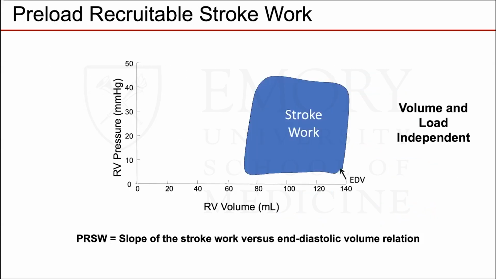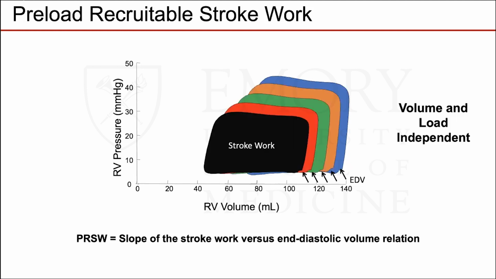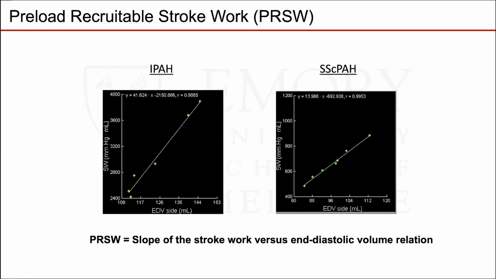We can also measure preload recruitable stroke work, which is the slope of stroke work versus end diastolic volume. It is a pretty volume and load independent indicator of RV function, and has been shown to correlate with RV contractility in patients with different phenotypes of pulmonary hypertension.